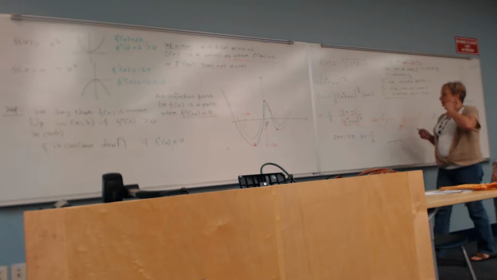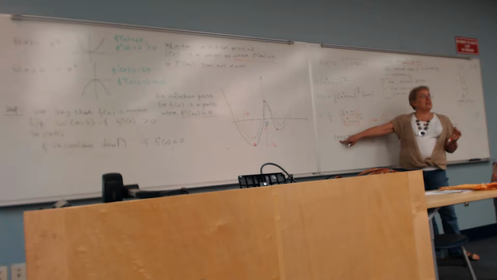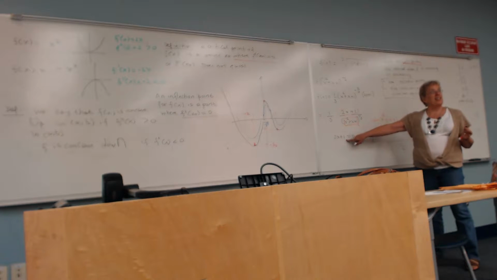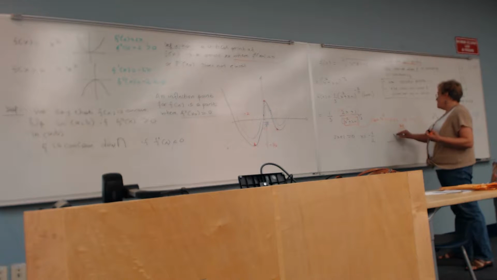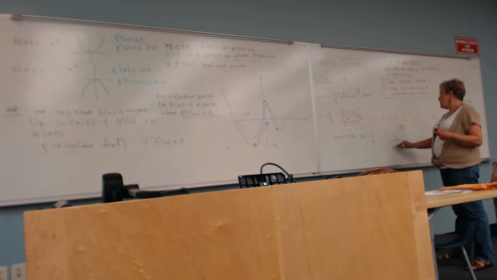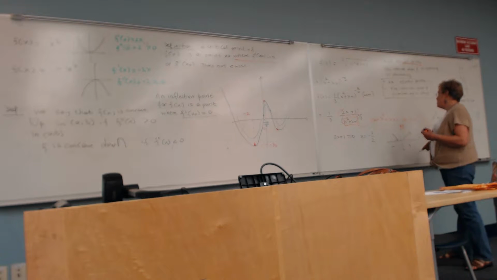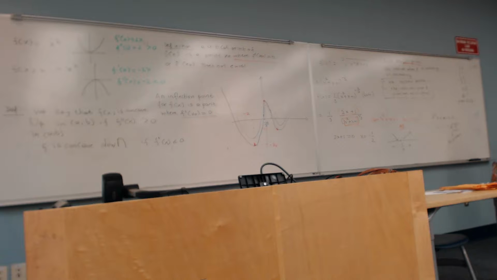But you can take the test point if you want, right? If x is equal to 0, then it's positive. If x is negative, etc. Right? So it's a graph that looks like this, because here it is negative and here it is positive.